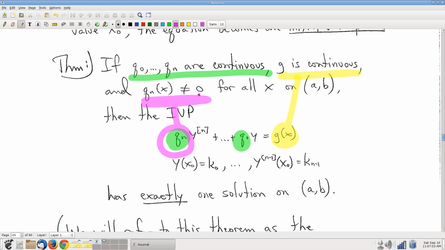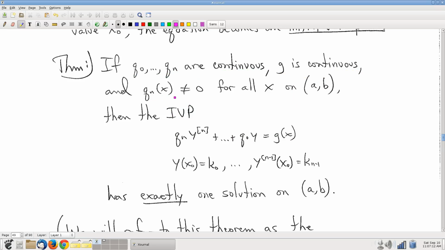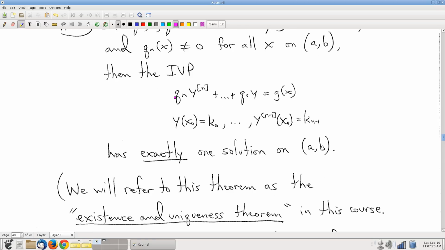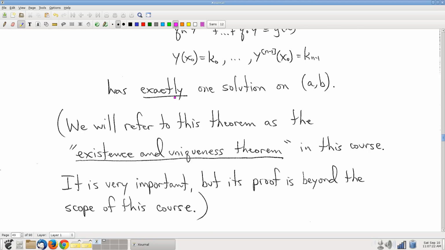That again is just one of the conditions, and if that condition is not met, then you cannot invoke this theorem. Okay, so those are the 3 conditions. Now make sure to check those conditions when you apply this theorem. And with those conditions satisfied, you get the desired result. By the way, we're not going to prove this theorem. The proof is beyond the scope of this course.